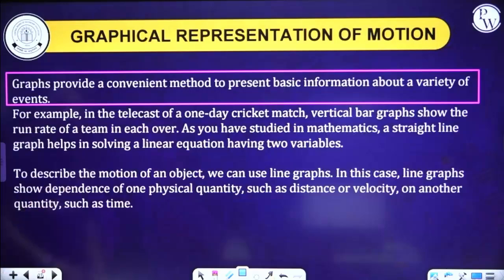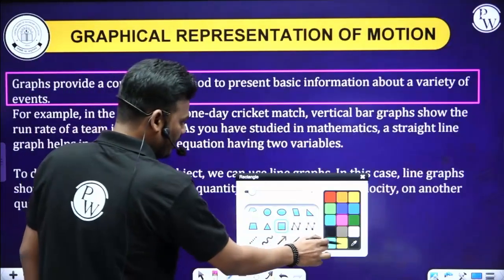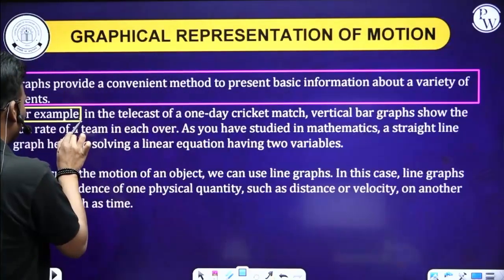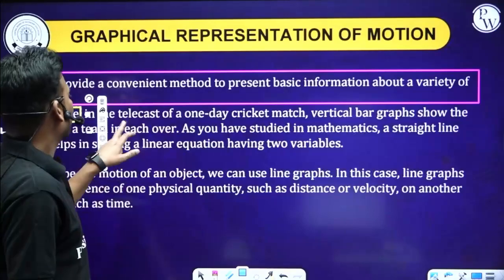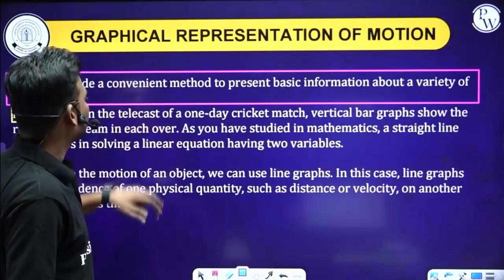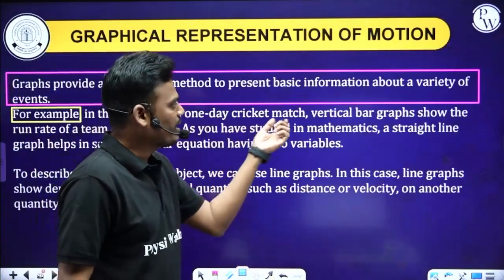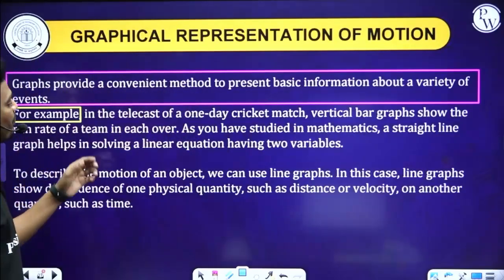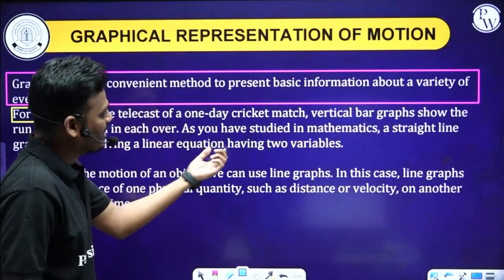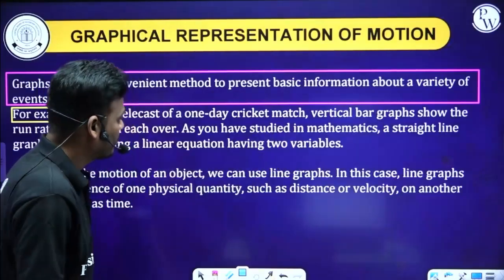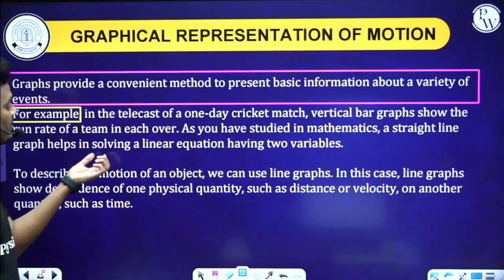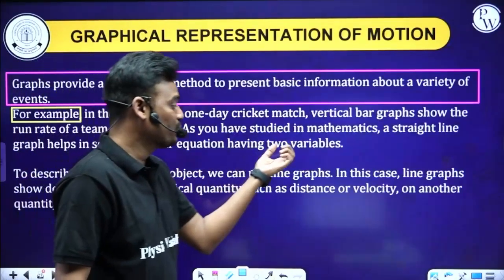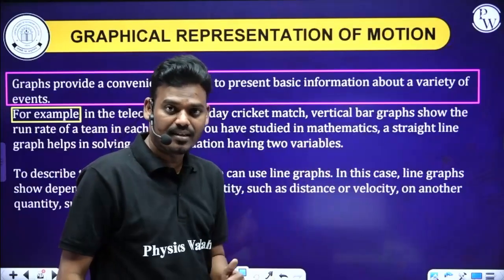Okay. The first example you can consider. In the telecast of a one-day cricket match, a vertical bar graph shows the run rate of a team in each over. As we have studied in mathematics, a straight line graph helps in solving linear equations having two variables, x and y. Okay.